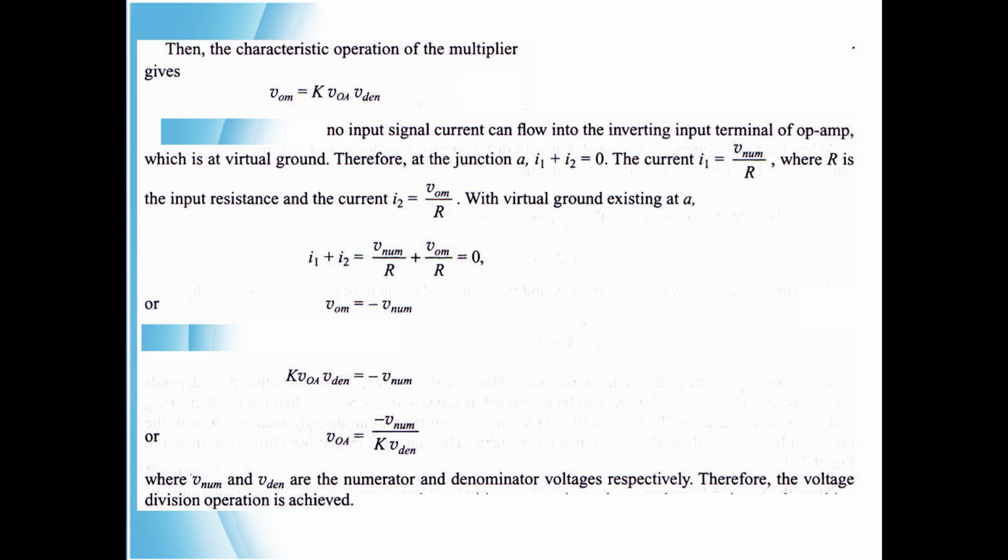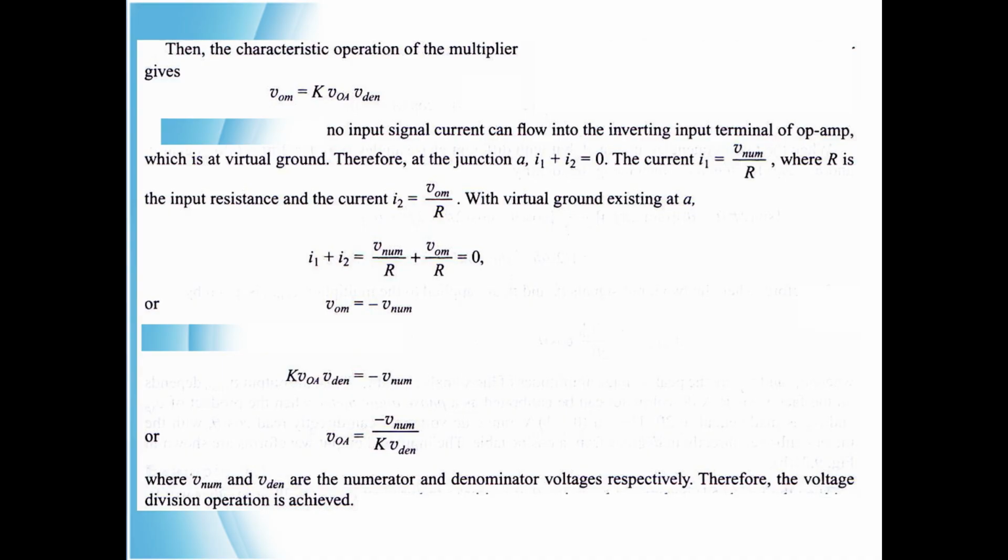With virtual ground existing at A, I1 plus I2 equal to Vnum divided by R plus VOM divided by R equal to 0. If you simplify this, you get VOM equal to minus Vnum.